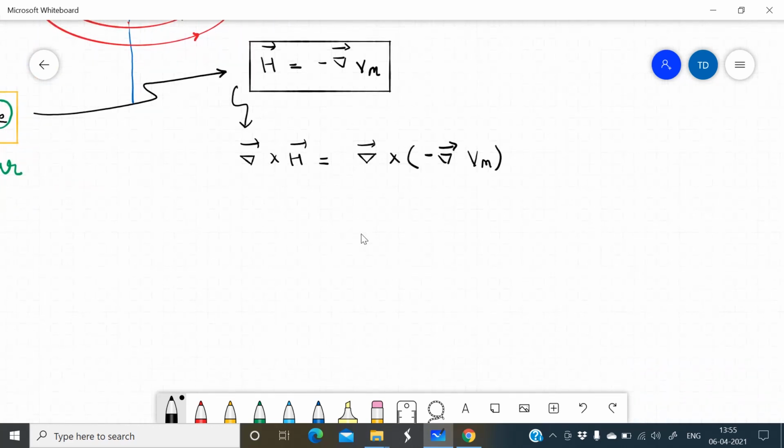As we know, according to Ampere's circuital law, del cross H is equal to the conduction current density. But what about del cross minus del Vm?